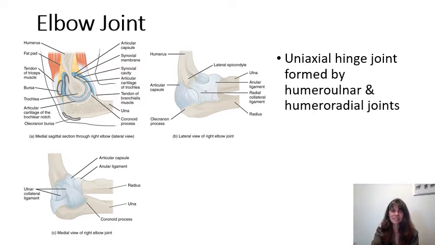When we look at the articular capsule of the elbow, you can see that there are different ligaments that help hold the elbow joint together, such as the ulnar collateral ligament and the annular ligament, which runs around the radius. This is part of the annular ligament here.